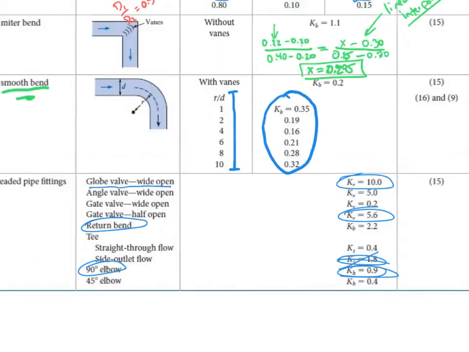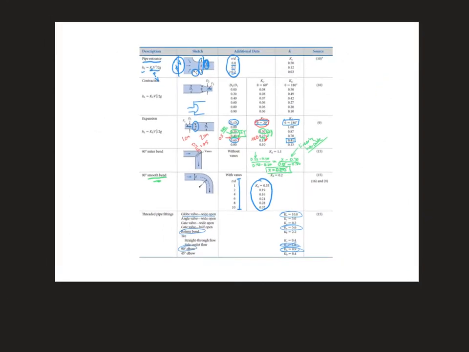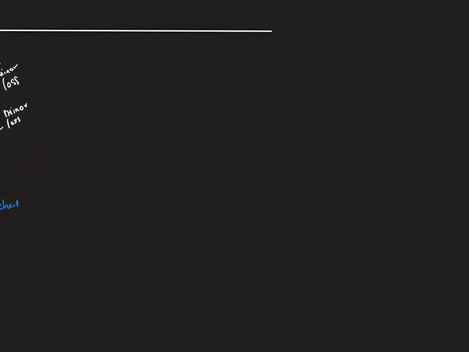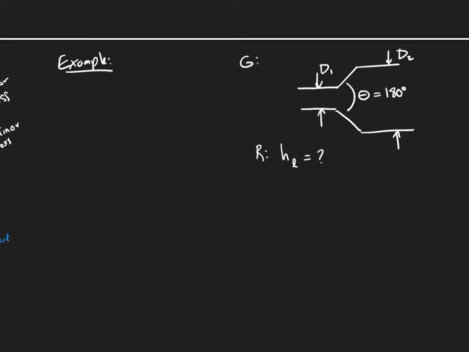Let's back up a little bit and talk about how well these work, because they're really approximations. If we zoom in right over here, let's consider this particular example where we've got an expansion.